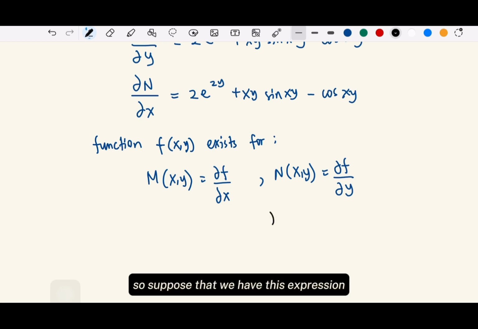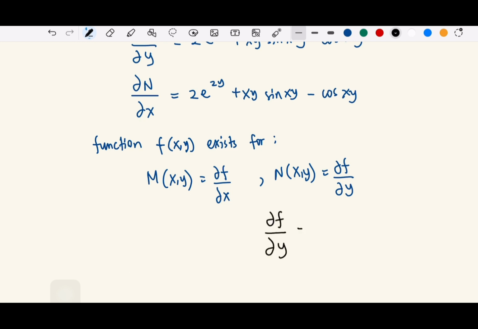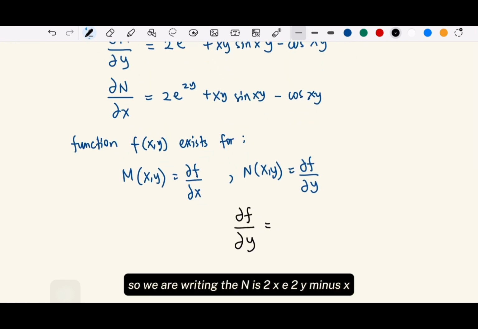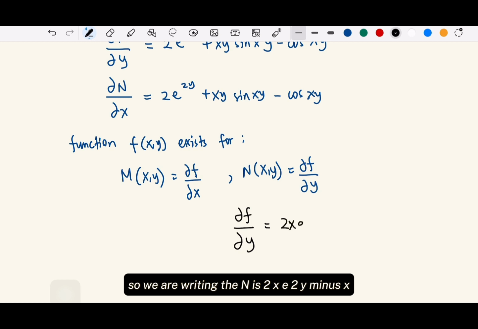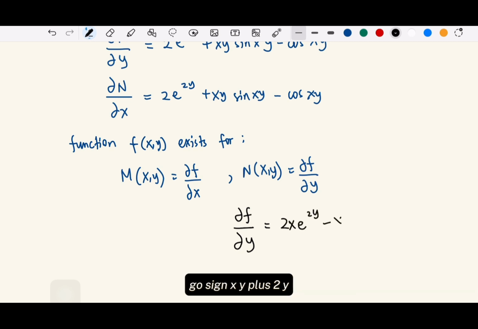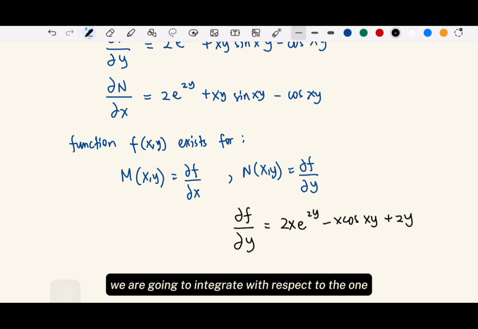So suppose that we have this expression. We are writing N is 2x e to the 2y minus x cosine xy plus 2y. We are going to integrate with respect to dy.